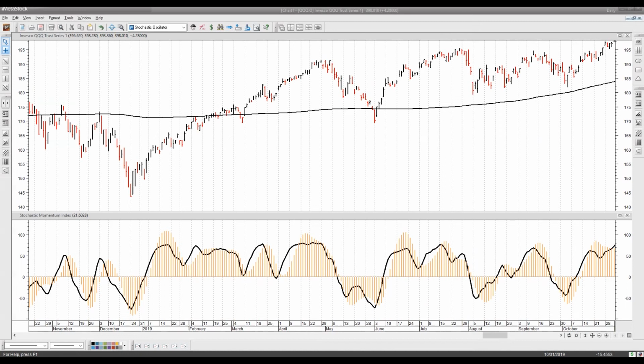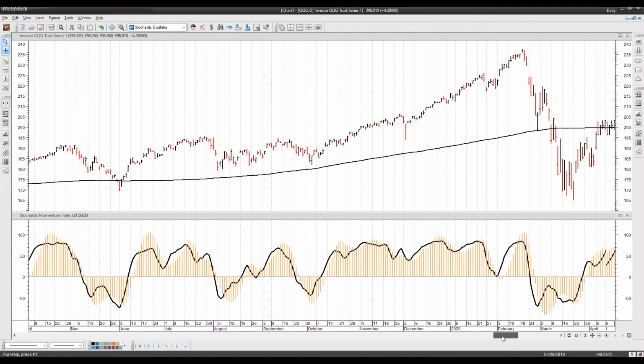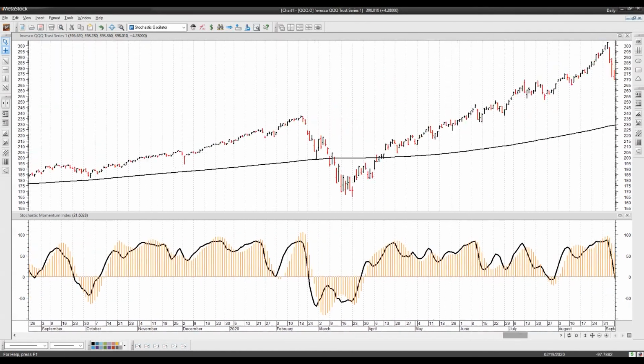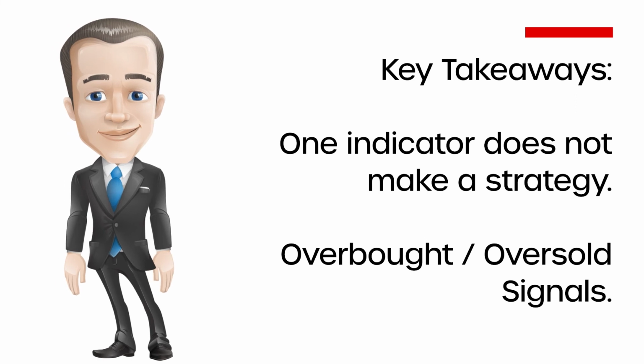Staying at higher levels confirms the strong trend and staying away from the below 0 readings. Let's look at it. Over here, you can see the strong trend. Above 0, above 0, above 0, above 0. Again, another indicator.